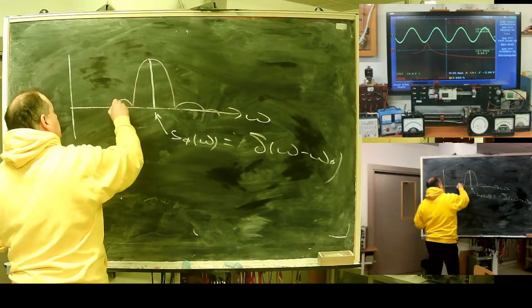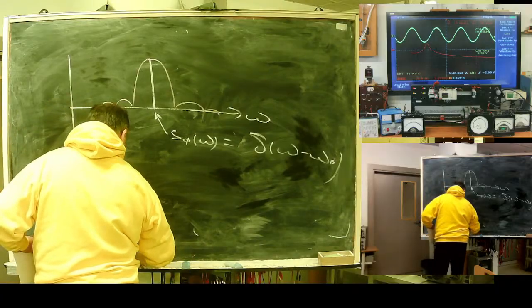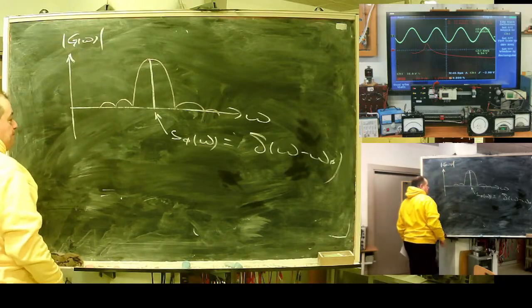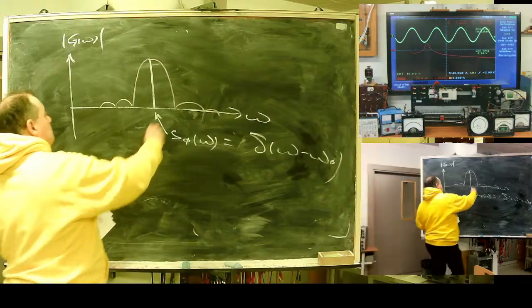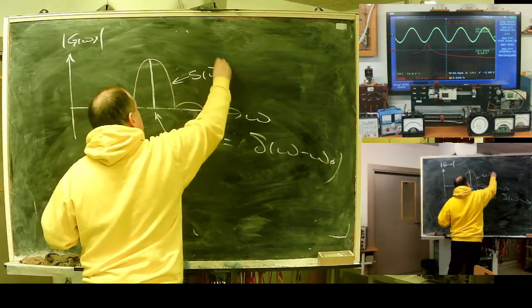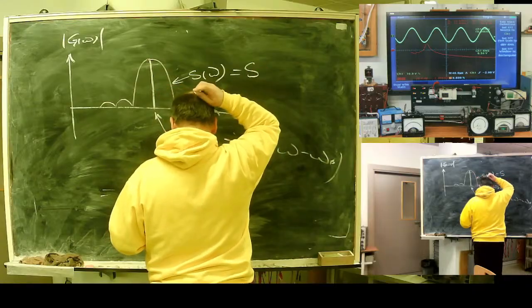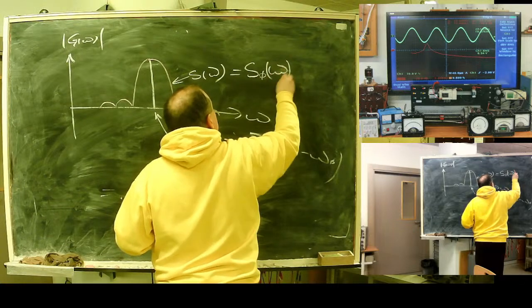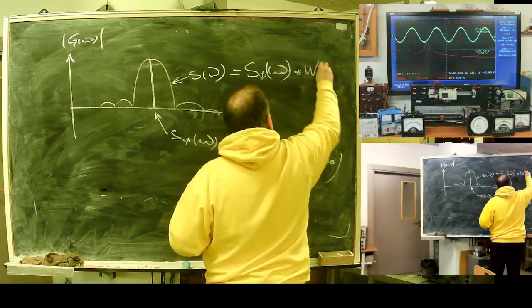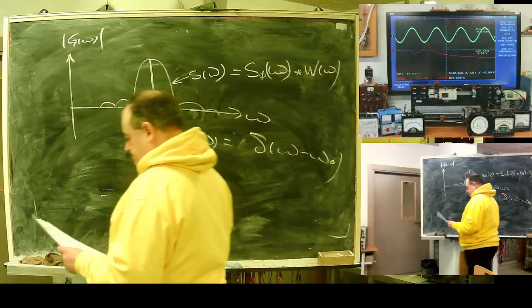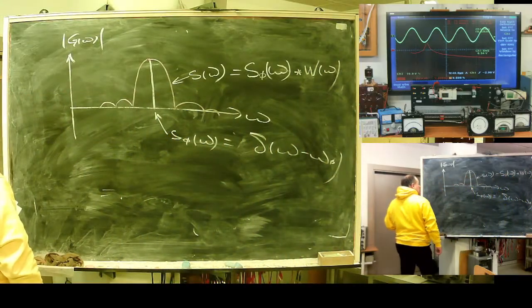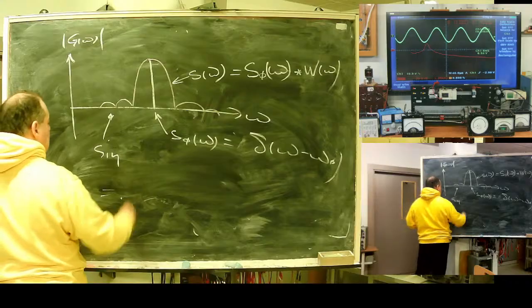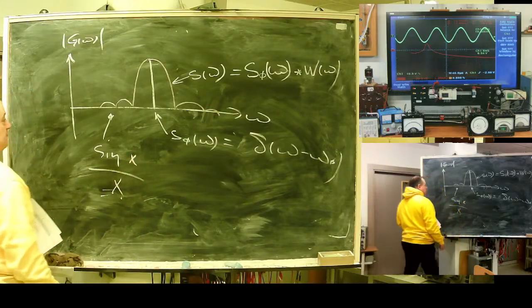Rough theory. This is the magnitude of the spectral function. This is the convolution of S0 with my windowing function. It looks like sine of x divided by x.